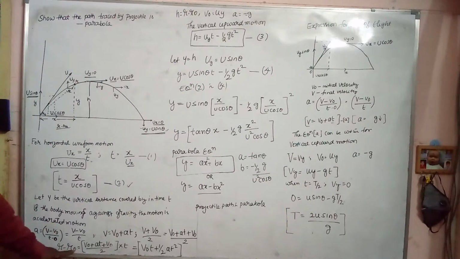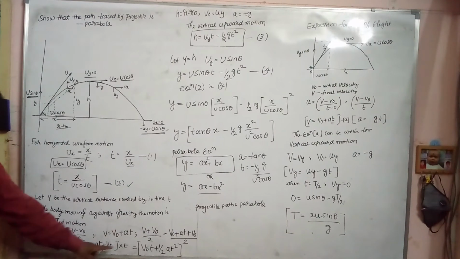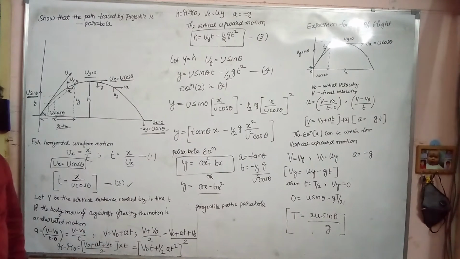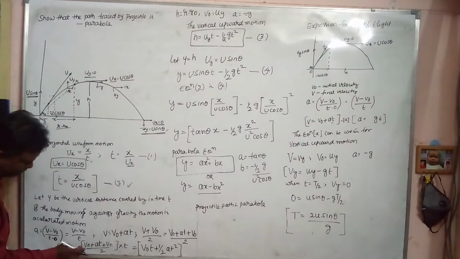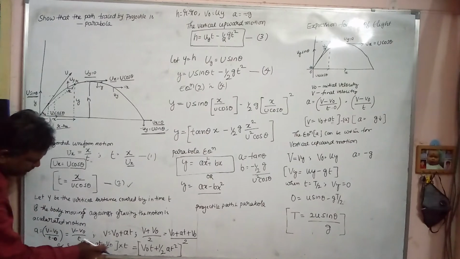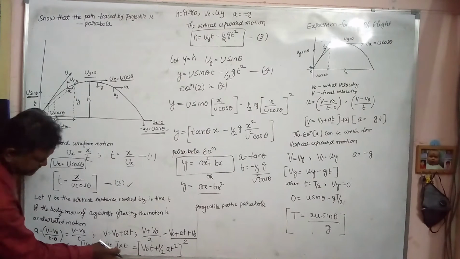That is nothing but your average velocity into time. The displacement is equal to average velocity into time. What is the average velocity that we calculated here? v naught plus at plus v naught, by 2, into t.